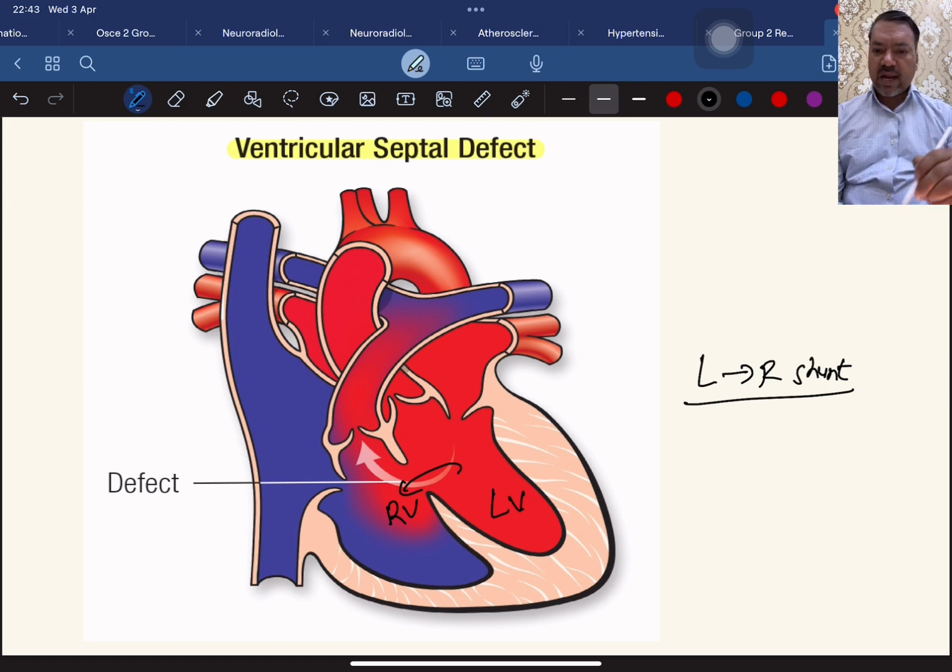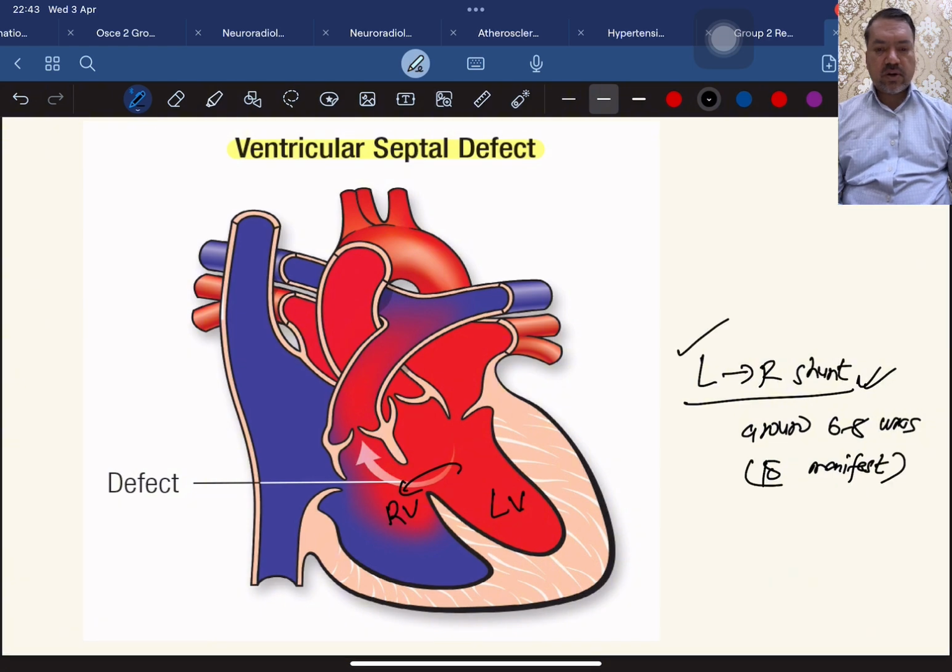For that, the right sided pressure should fall, then only does the blood start to flow. So it takes time, around 6 to 8 weeks, to manifest. This is another important piece of knowledge regarding VSD. Okay, let's move on.